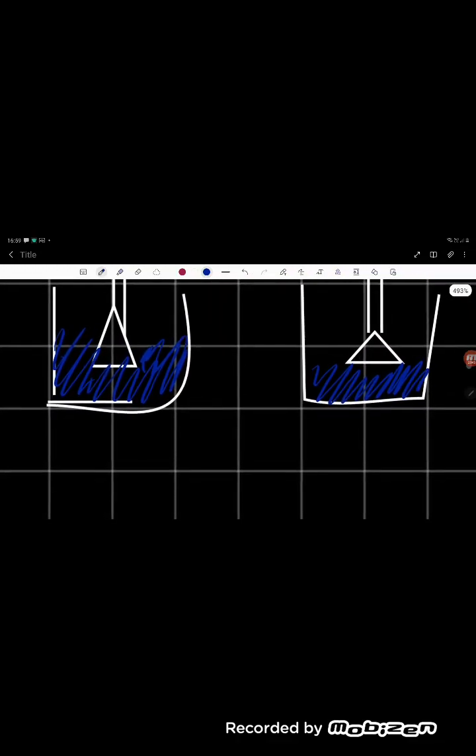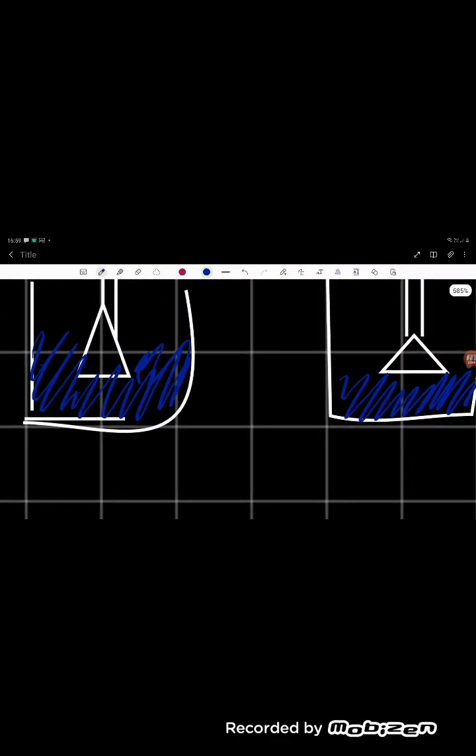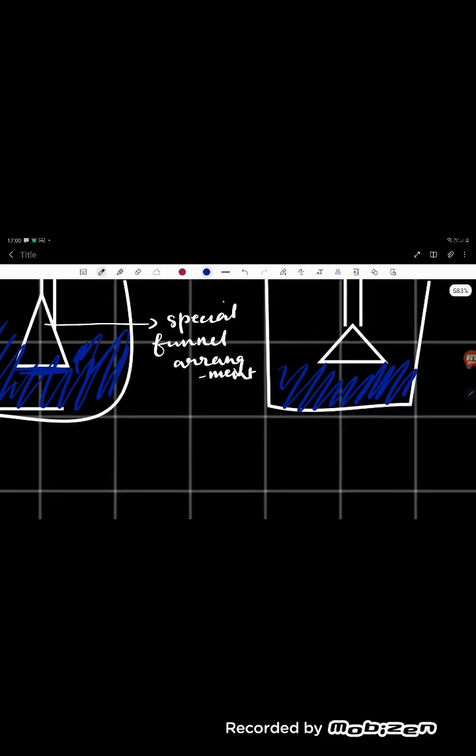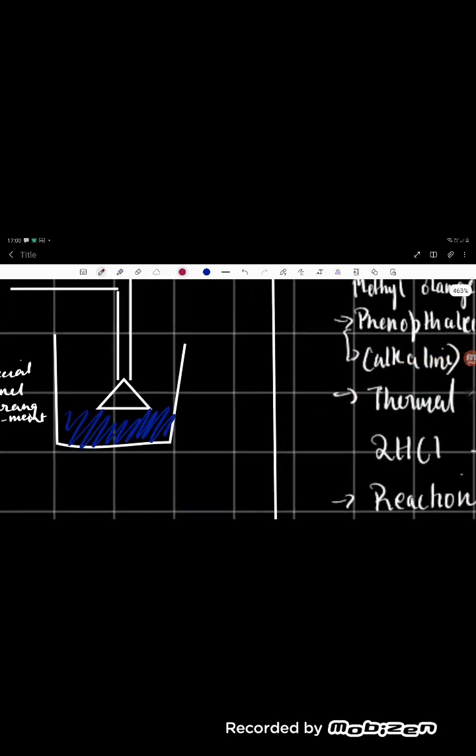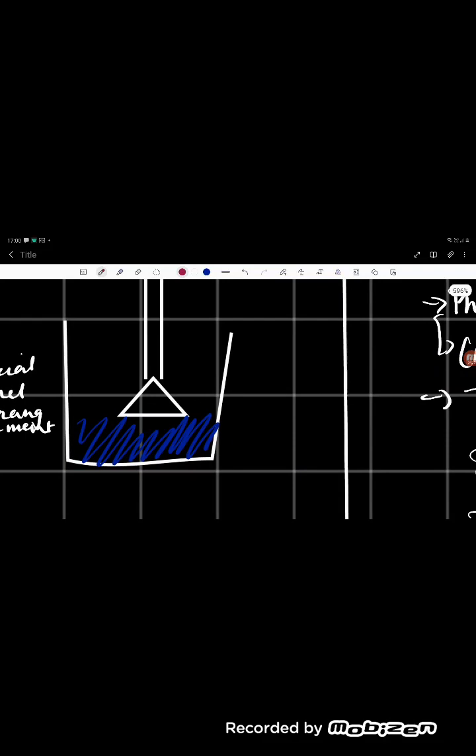So instead, a special funnel arrangement is used, and when HCl is passed through it, it does not suck in the water as fast because a small air gap is formed which prevents that from happening.